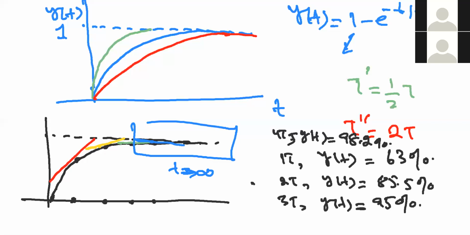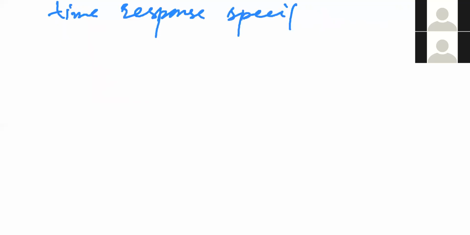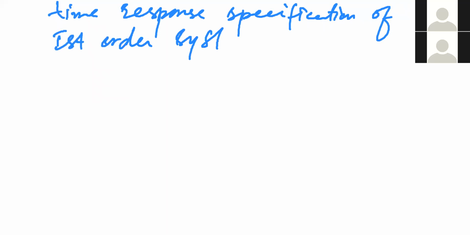Now there are some other definitions that we have to look at also. The first one is the specific time response specifications of a first order system.